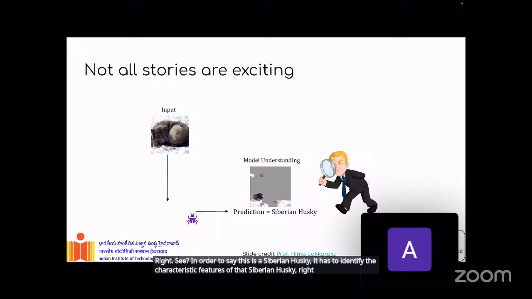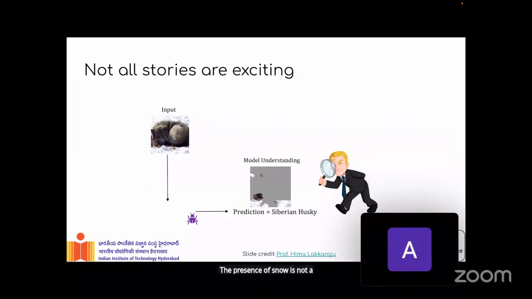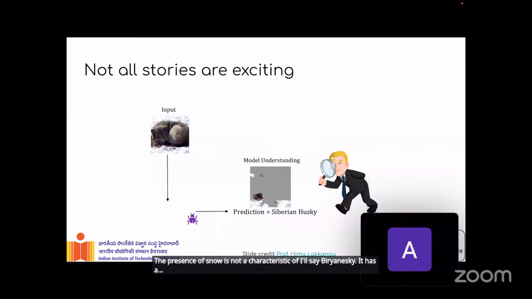But instead, what the model looks at and highlights is the snow, the presence of snow. The presence of snow is not a characteristic of a Siberian Husky. It has different fur. Because of that, it can say so. But because there is snow in the image, the model thinks it is a Siberian Husky.